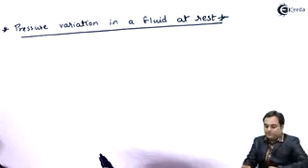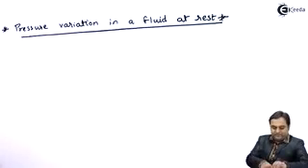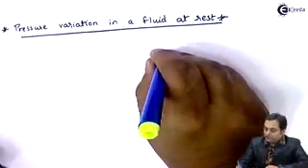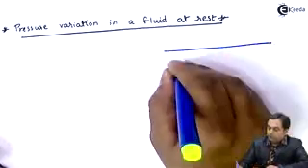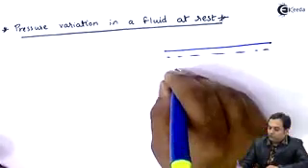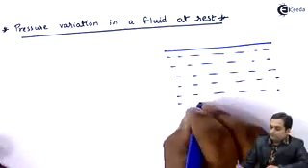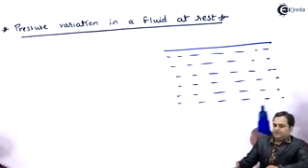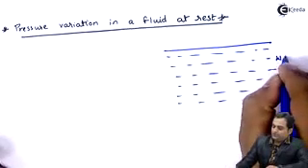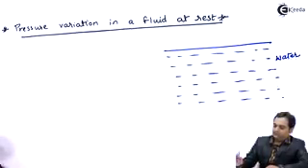To understand this pressure variation in a fluid at rest, here I'll draw a simple diagram that we have a huge mass of fluid here. This fluid can be anything. Here suppose I assume it to be water.